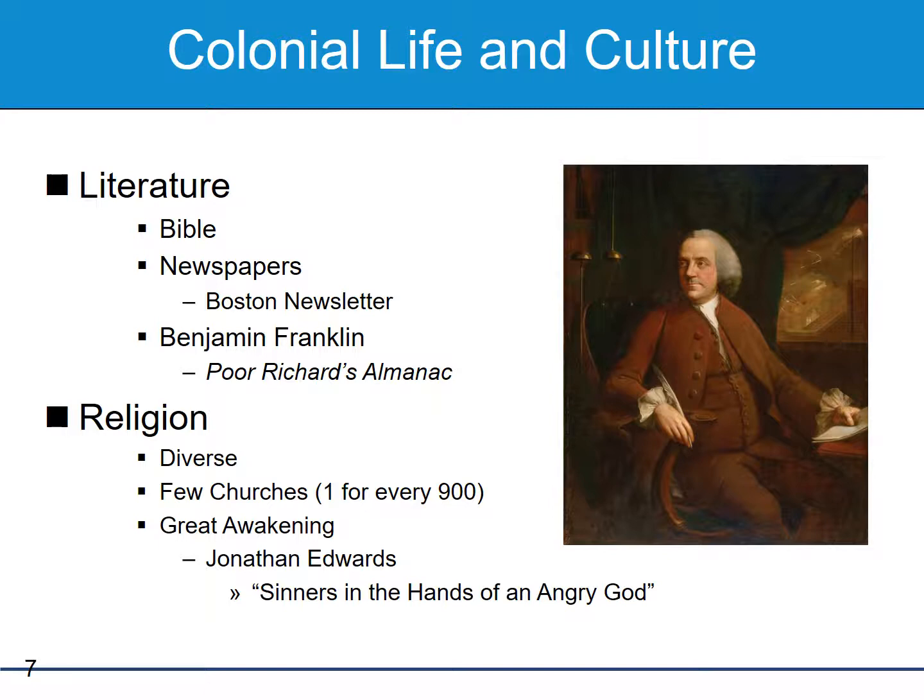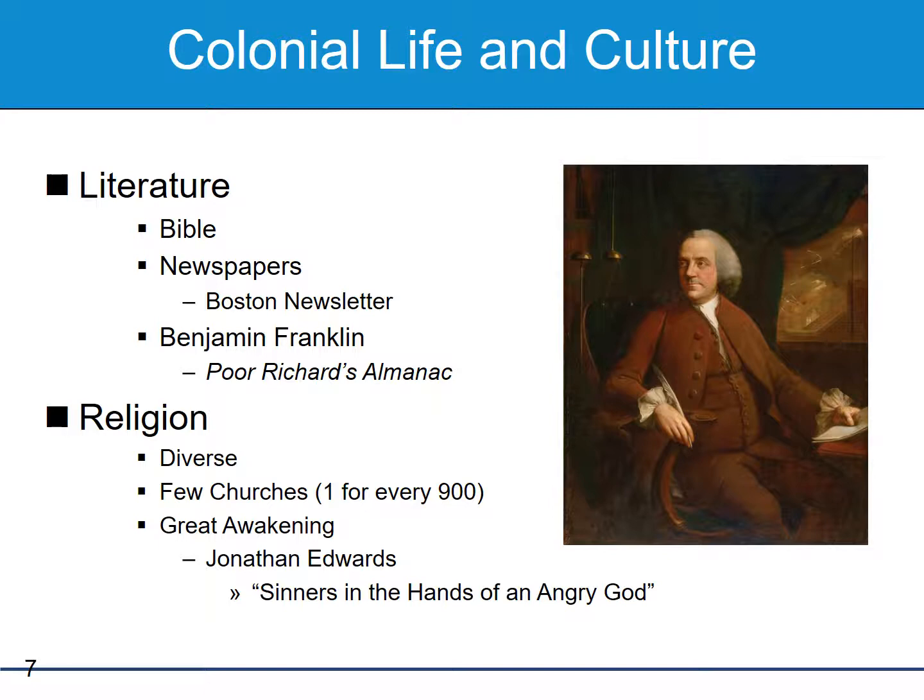Religion, which we've already touched on a little bit in our previous slides. If we look at the colonies as a whole, there were many very diverse religions. We have the Puritans, which are very dominant in many of the northern colonies, what we call the New England colonies. In the middle colonies, we have the Quakers in Pennsylvania.